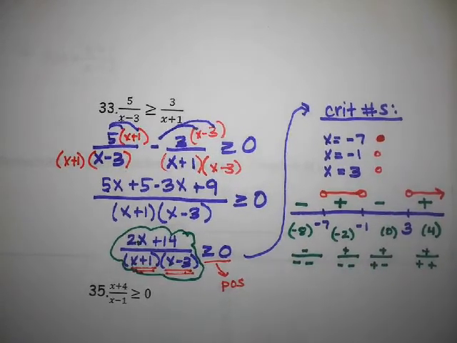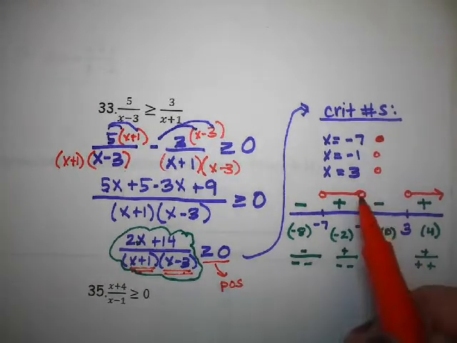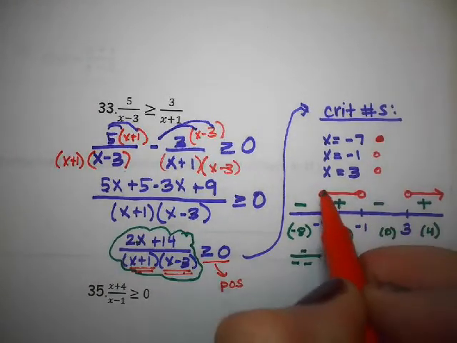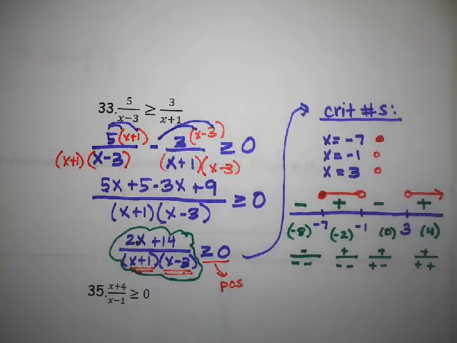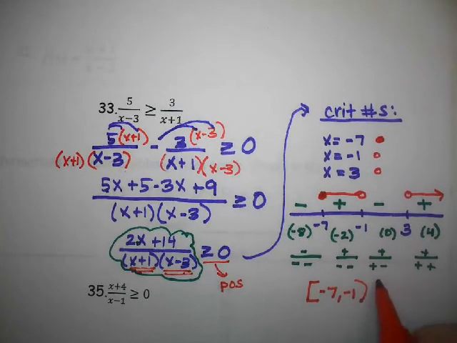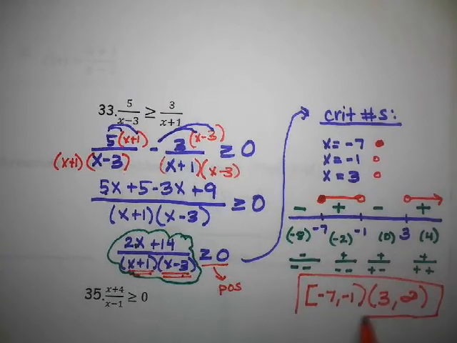And again, the reason behind that is because anything from the denominator, if I plug it back in, would make the denominator 0, and we're never allowed to divide by 0. So I'm only allowed to fill in negative 7. My final answer in interval notation would look like this. Bracket, negative 7, comma, negative 1, parenthesis, and parenthesis 3, comma, infinity.